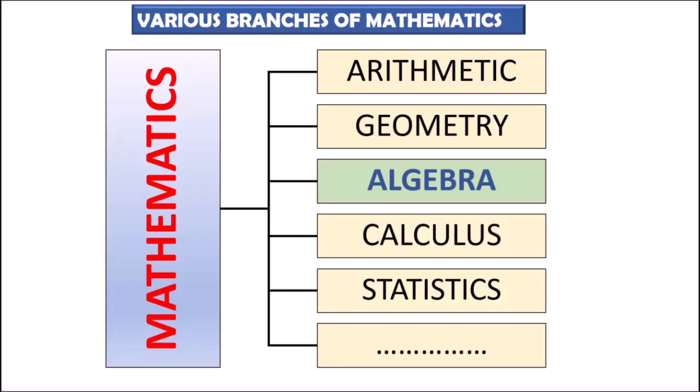The branch of mathematics in which we studied numbers is called arithmetic. The branch in which we studied shapes is called geometry. In this video, we will learn about a whole new branch of mathematics called algebra. Algebra is a lot like arithmetic and it follows all the rules of arithmetic. We will see what are the similarities and differences between arithmetic and algebra.